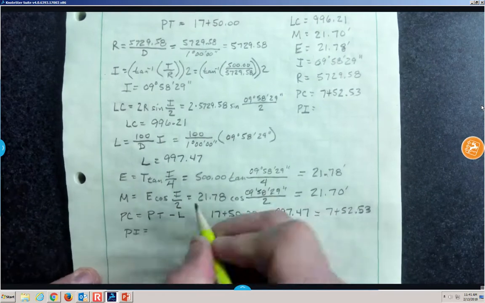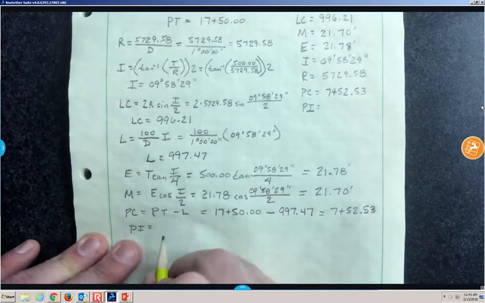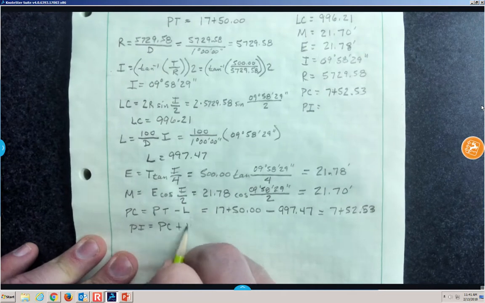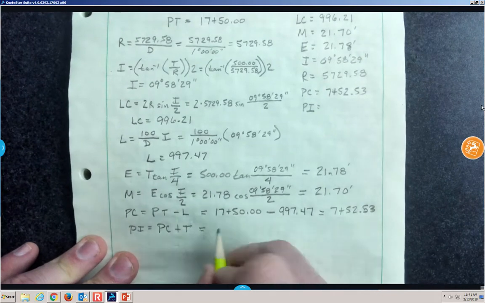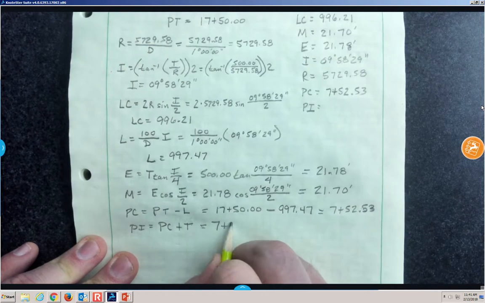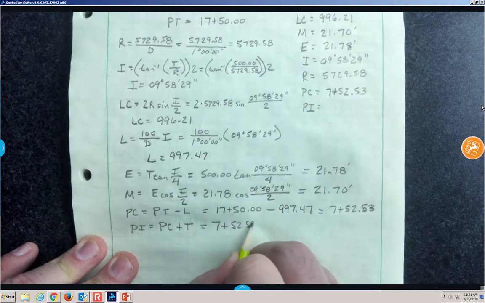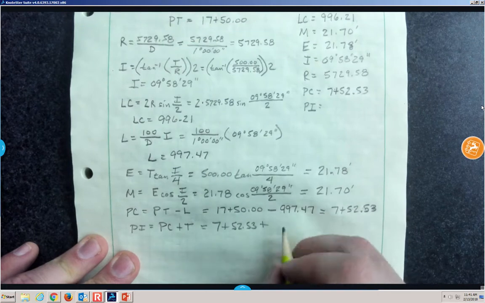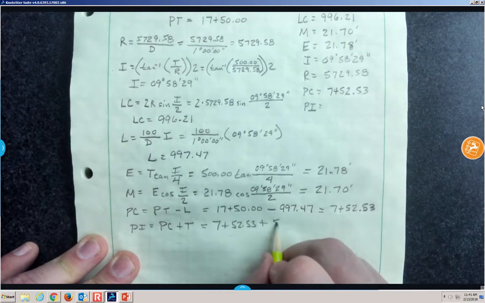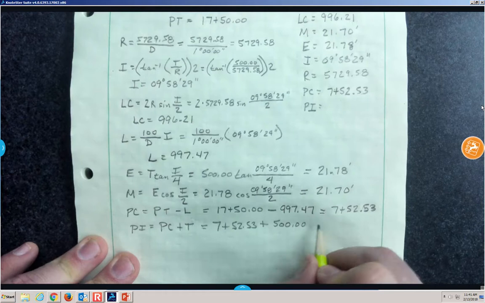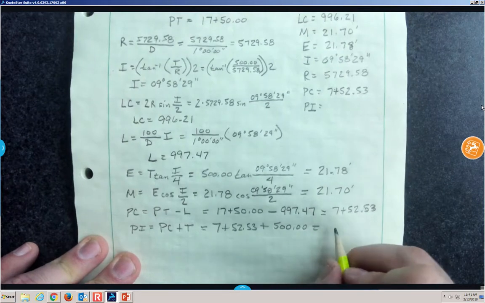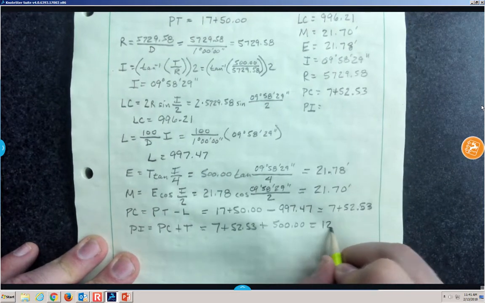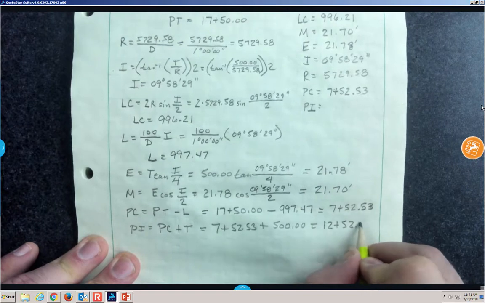PI equals PC plus T. So we figure out 7 plus 52.53 plus T, and T is 500. So our PI is 12 plus 52.53.